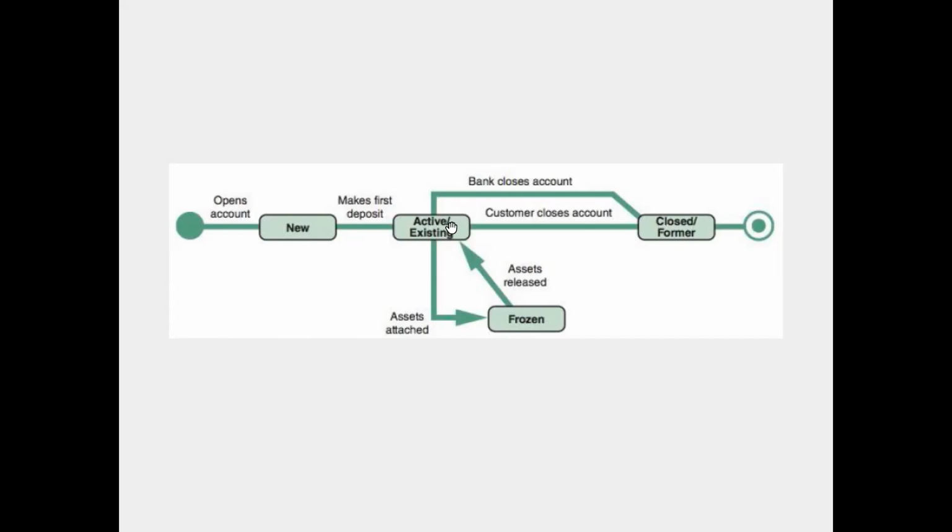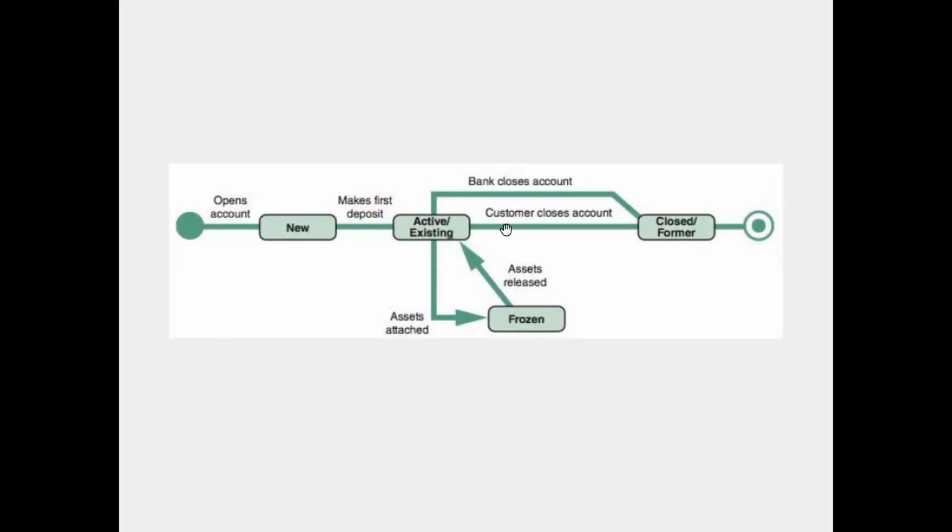After using it, sometimes if you're not using it, the bank can close it, or you can make the decision to close it. So what happens then? This becomes a closed account. This indicates the end, because when you close it, that's the end, start and end.